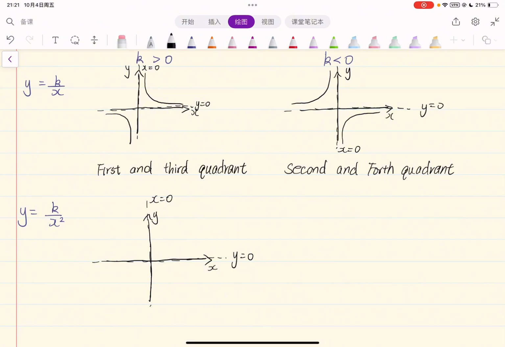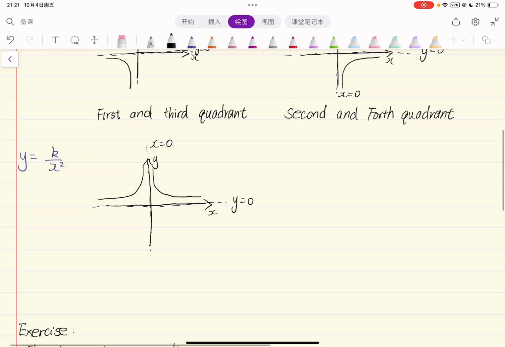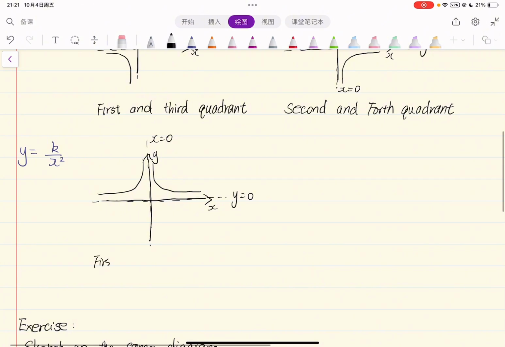So k greater than 0, the curve is in the first quadrant and the second quadrant.